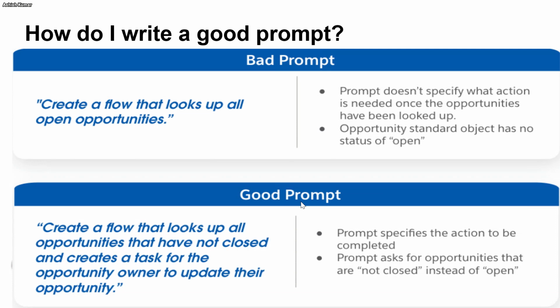Why is it bad? The prompt does not specify what action is needed once the opportunities have been looked up. Whatever opportunities are looked up, what relation or action it will take, nothing is mentioned. Also, the Opportunity standard object has no status of open.